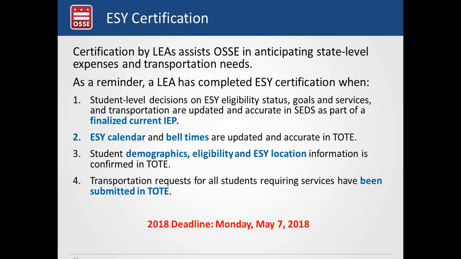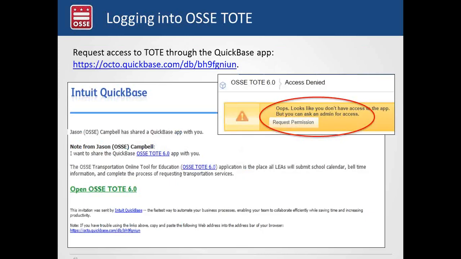So we want to make sure you can get all the kids' transportation submitted at a certain time. And we know some kids who aren't marked for ESY right now might change before the deadline or after the deadline. So we understand that, but we want to get a majority of your information in as we can right now.